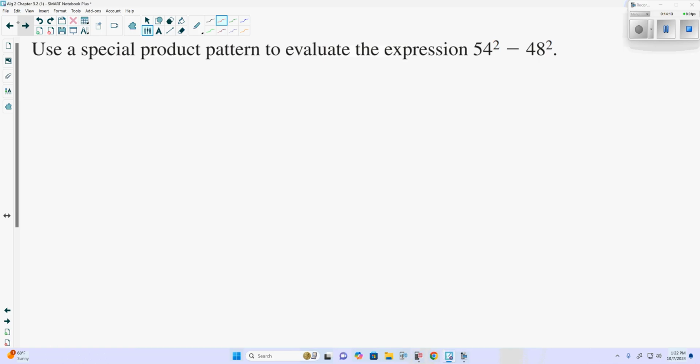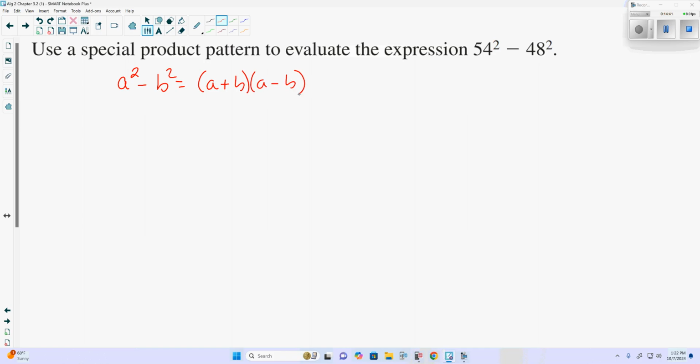Use the special product pattern to evaluate the expression 54 squared minus 48 squared. Because if we tried to do this by hand, the first thing we would have to do is find out what 54 squared is. That's a pretty big number. And then find out what 48 squared is and subtract the two. But our special product pattern, a squared minus b squared, is equal to a plus b times a minus b.